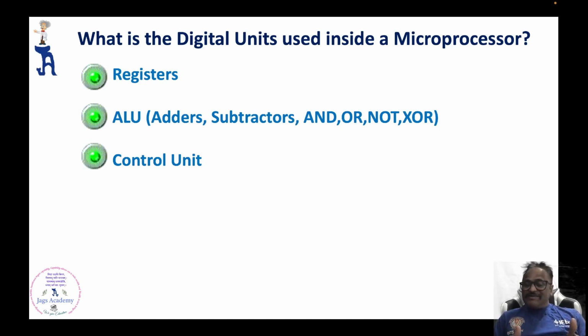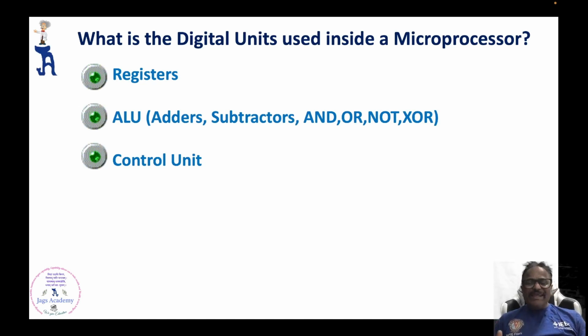The registers, the ALU, which is nothing but the adders, subtractors, AND units, OR units, NOT units, XOR units, and some more gates, and also the control unit.